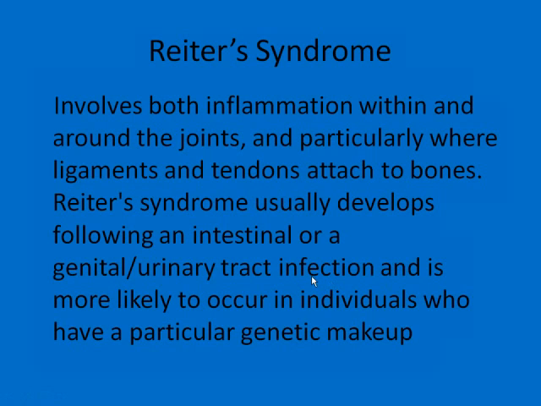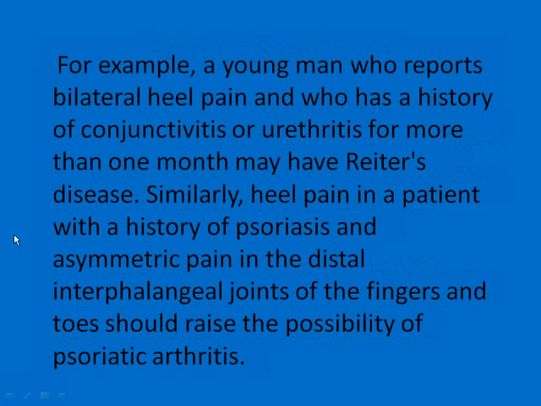For example, a young man who reports bilateral heel pain and who has a history of conjunctivitis or urethritis for more than 1 month may have Reiter's disease. Similarly, heel pain in a patient with a history of psoriasis and pain in the distal interphalangeal joints of the fingers and toes should raise the possibility of psoriatic arthritis.